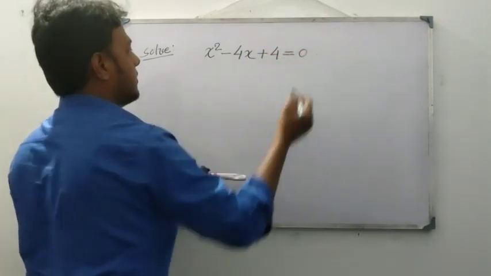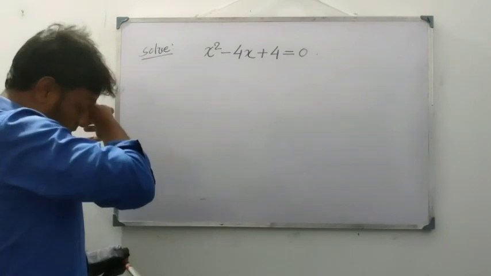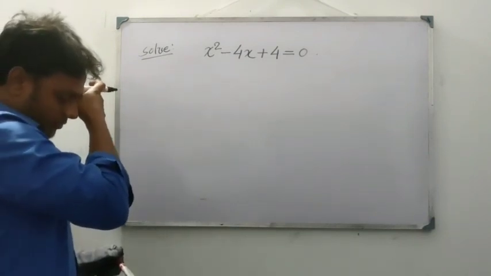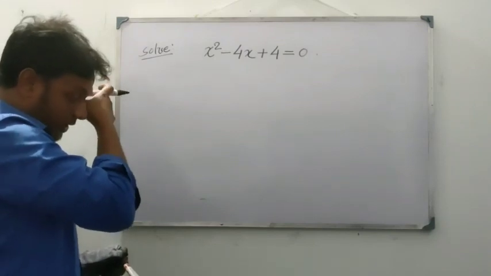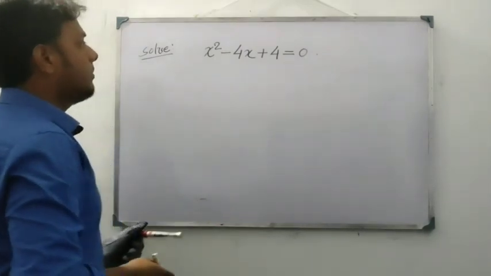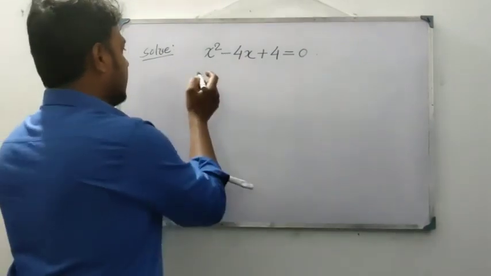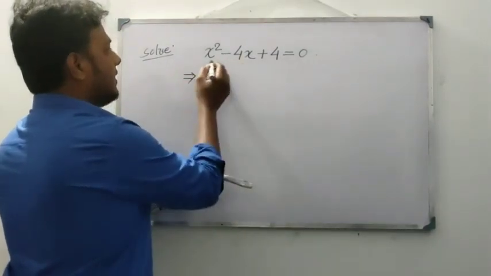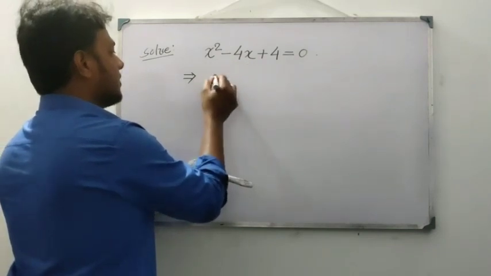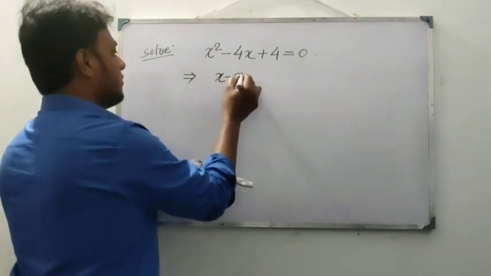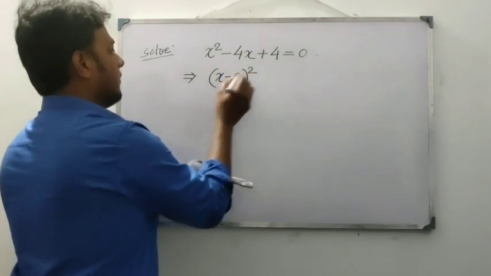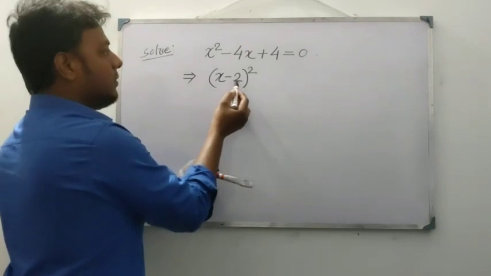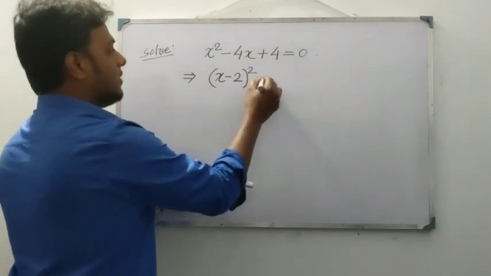Solve this quadratic equation. If we try to solve this by using factorization or the middle term process, you will get the idea. But see one thing, this is nothing but x minus 2 whole square, since a minus b whole square is a square minus 2ab plus b square. So this equals 0.